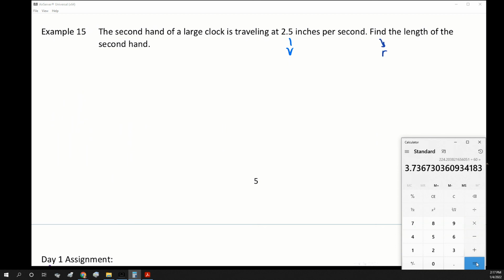So that means there has to be an angular velocity somewhere. We can't find it. And there is. If you think about the angular velocity of a second hand on a clock, it completes one revolution in 60 seconds. So that's what I'm going to use for my omega.